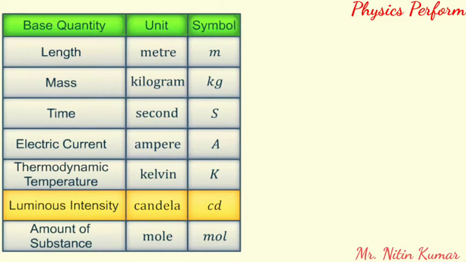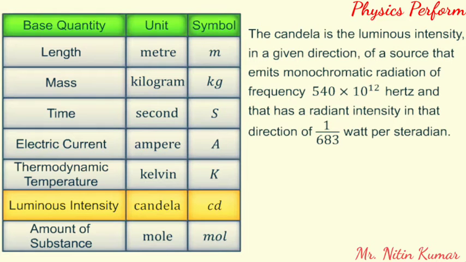A candela is the luminous intensity in a given direction of a source that emits monochromatic radiation of frequency 540 into 10 power 12 Hz, and that has a radiant intensity in that direction of 1 by 683 watt per steradian.